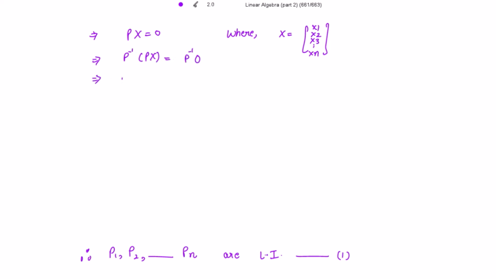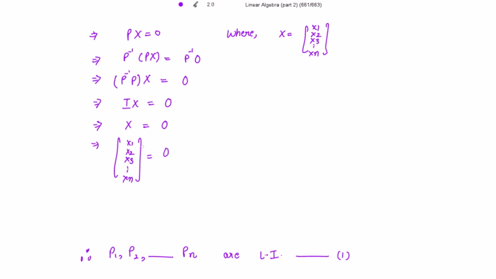So this implies P inverse P, taking these two, and x is equal to 0. P inverse P is nothing but the identity matrix, so Ix is equal to 0. This implies x is equal to 0, which means x1, x2, x3, and so on up to xn are all equal to 0.